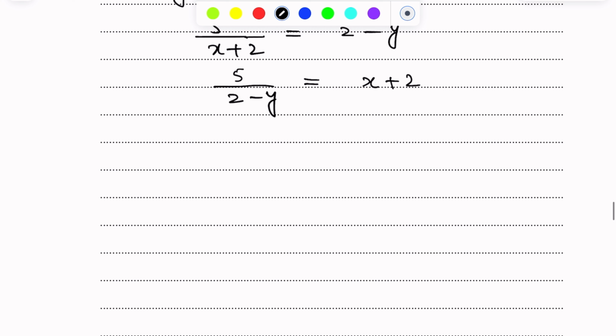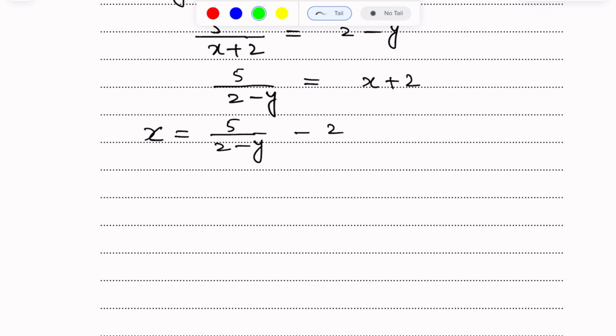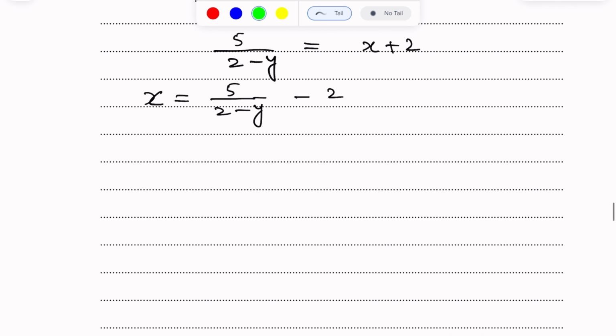Now we have to make x the subject. x will be 5/(2 - y) - 2. Now we simplify it. These are two fractions.